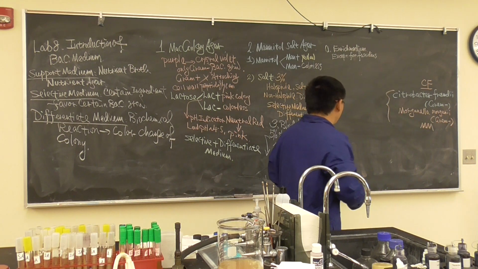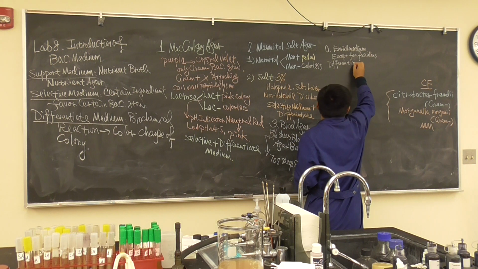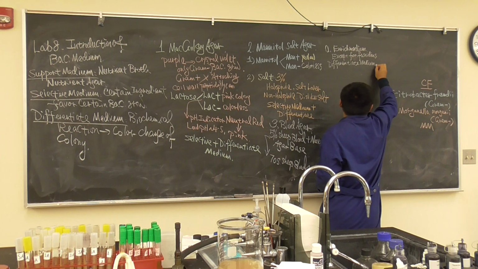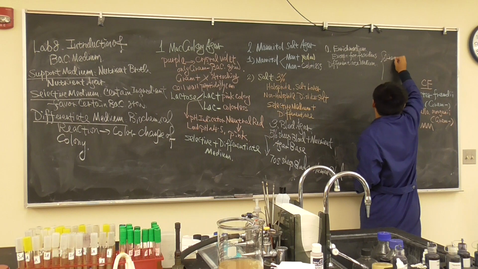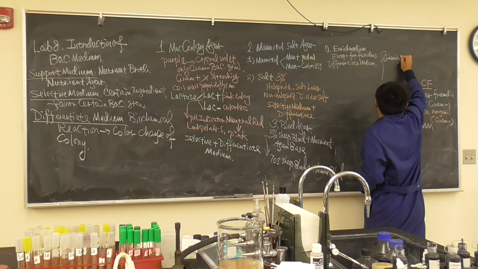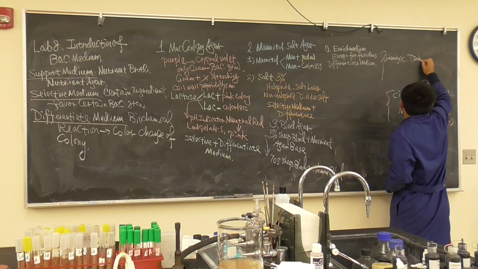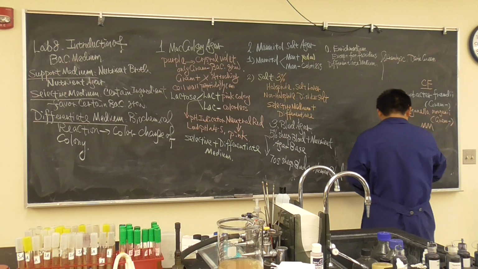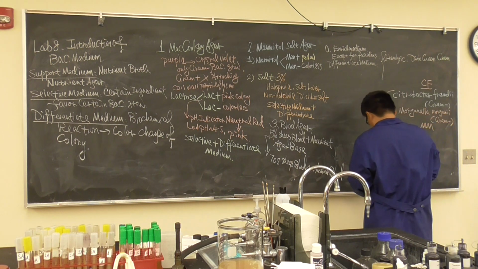And very important, it is also a differential media. Why is it a differential media? Alpha hemolytic, we talked about that, could be a dark green colony.